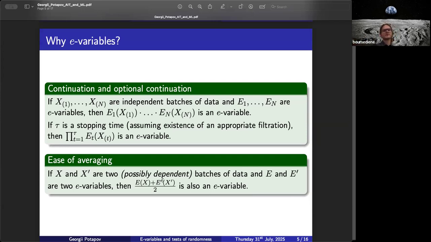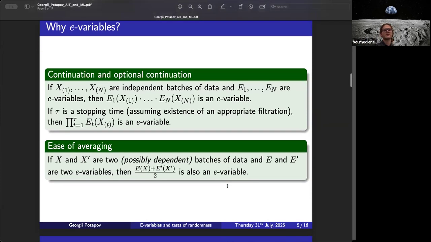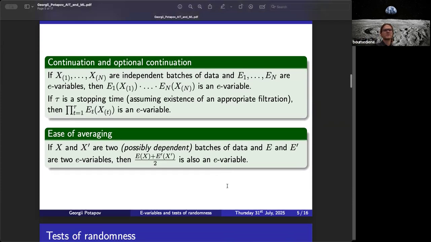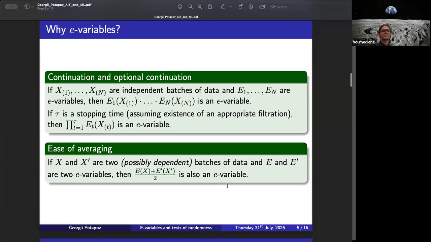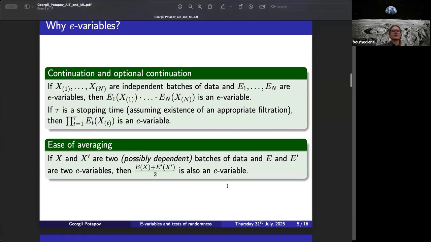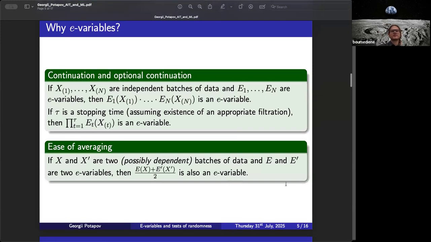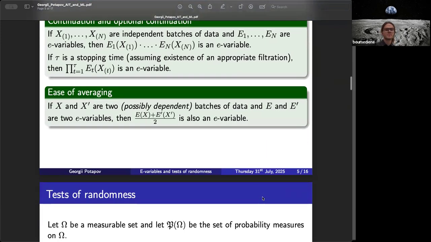And in case of dependent batches of data, we could also quite easily just take the arithmetical mean, and this would obviously qualify as an e-variable. So e-variables make it very easy to work with data from multiple experiments.